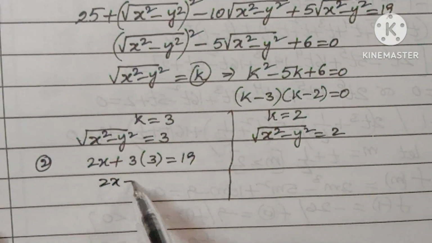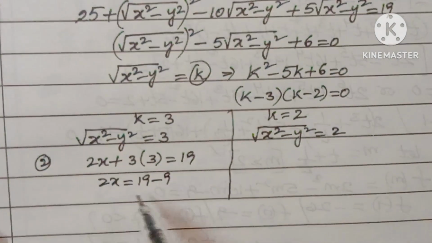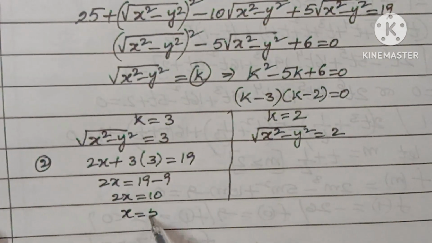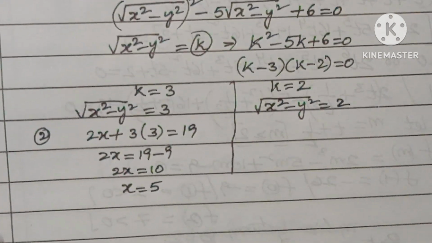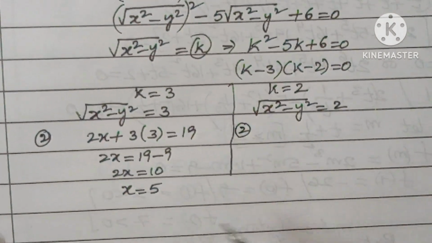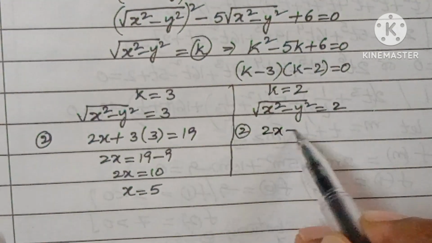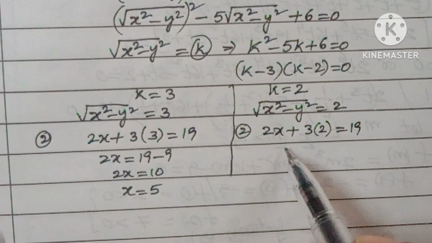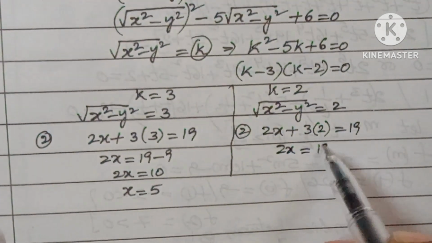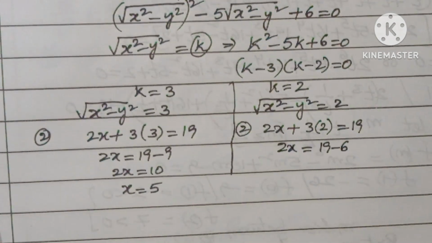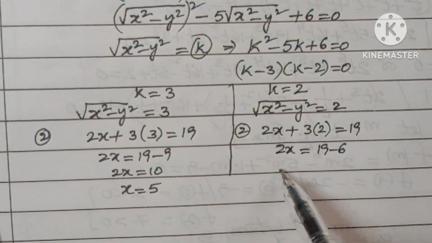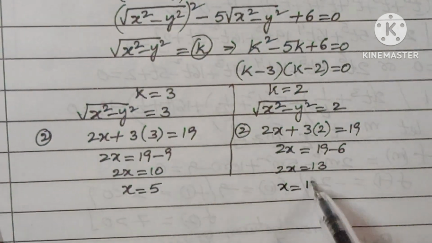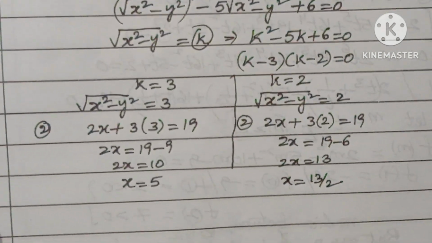So 2x is equal to 19 minus 9, 2x equal to 10, x is equal to 5. Now if you substitute the value k equal to 2 in the second equation, 2x plus 3 into 2 is equal to 19, 2x is equal to 19 minus 6, so 2x is equal to 13, x is equal to 13 by 2.